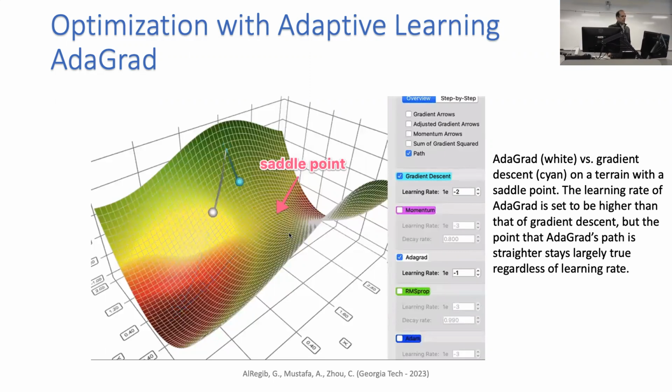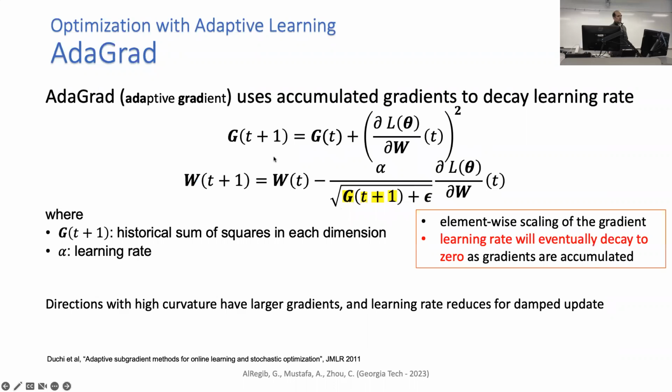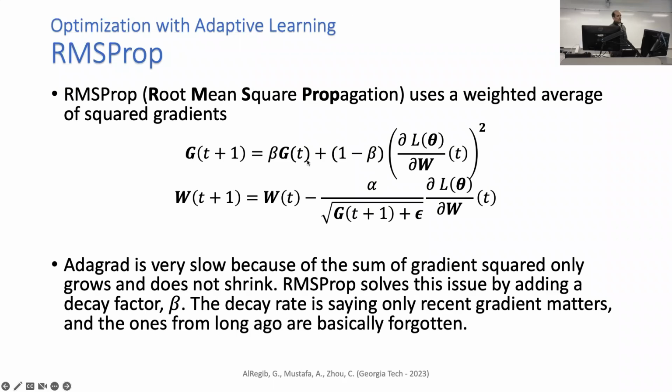Okay, so this is one method, and the other one is root mean square propagation. Here, if you compare this equation and just make the beta equal to 1, we have g plus the square of the gradient, and here we also have g plus the square of the gradient. But what we add is this scaling factor, this beta.